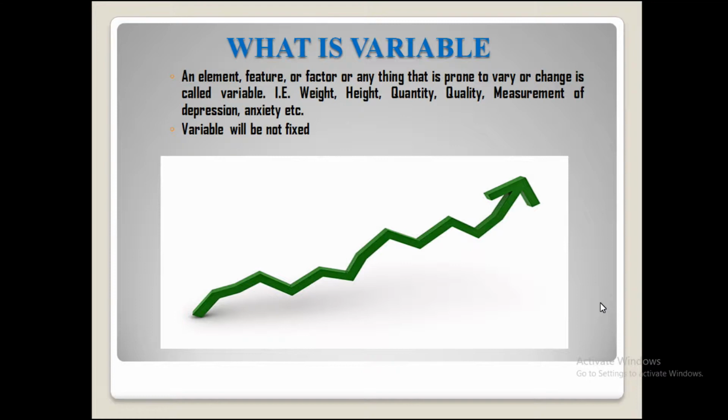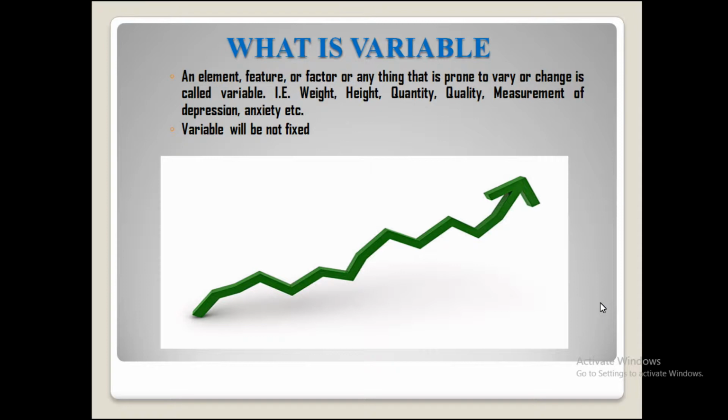So, as per your screen, an element, feature or factor or anything that is prone to vary or change is called a variable. Like anything which may vary, which may change. For example, weight, height, quantity, quality, measurement of depression, anxiety and so on.